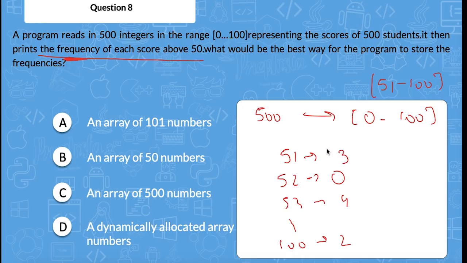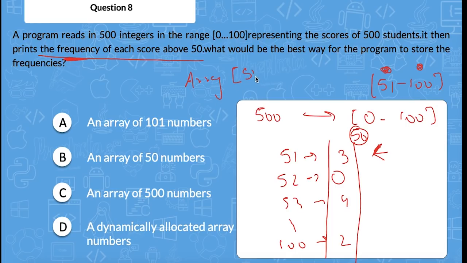And how many values are these? These are 50 values, starting from 51 to 100. So you need an array of 50 size, wherein A0 will have, let's say, 3, because 3 people have got 51.